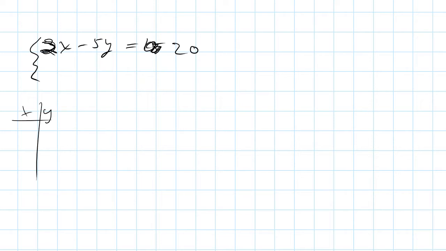So it's got to be even, so I need y to be even. If I make y into 2x minus 10, I can have x equals 15. The problem with 15 is that I don't want my solution to be off the page.